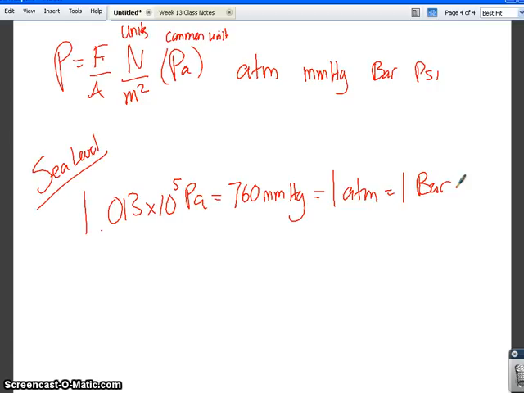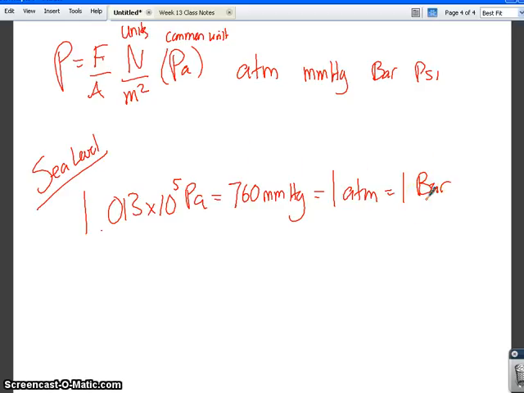I will add that later. So these are all related to each other. If we ever have a question in atmospheres, we probably want to convert to pascals first. Or if we have it in millimeters of mercury, we want to convert over. So these are all of our conversion units right here.